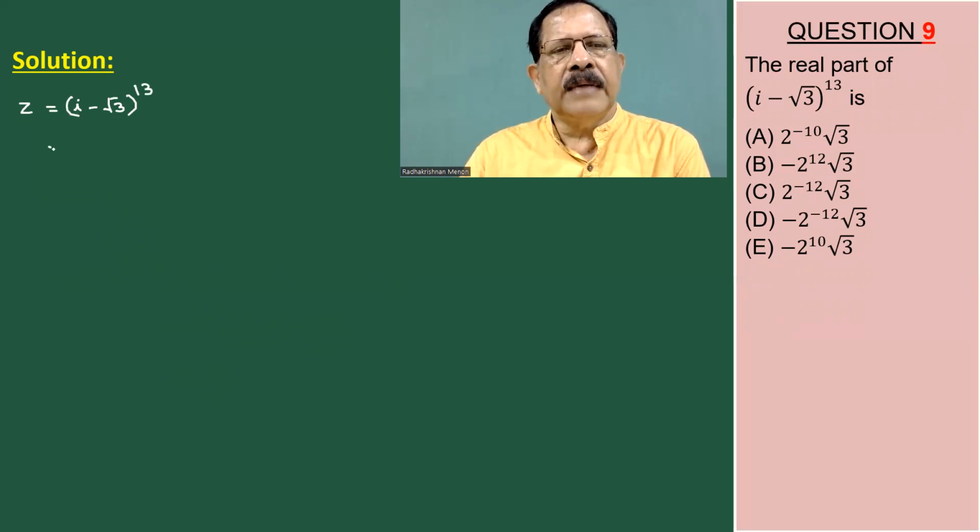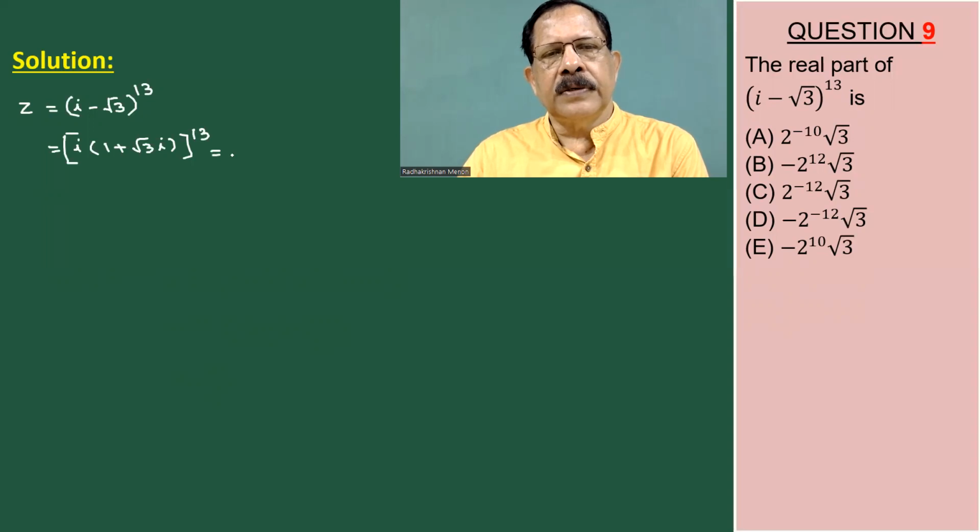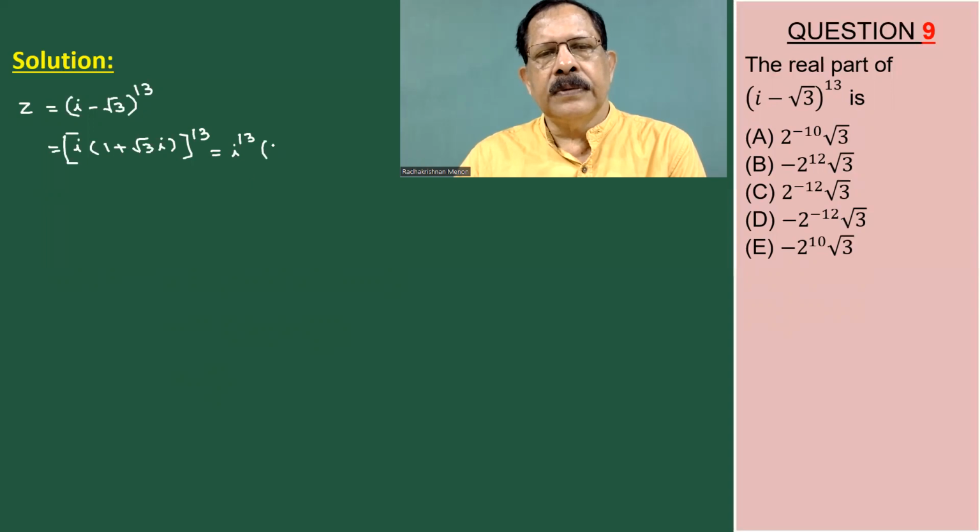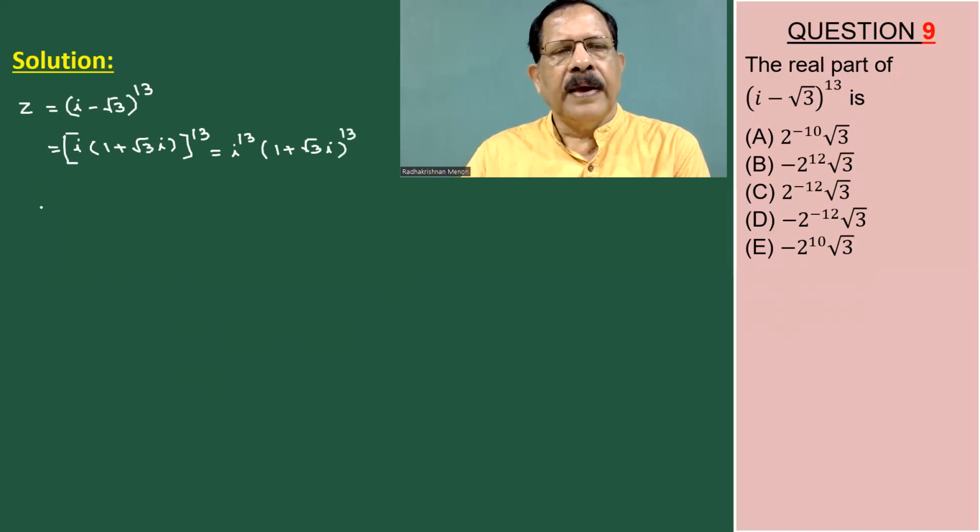So first I am taking i as a common factor: i into (1 plus root 3 i), whole raised to 30, which is equal to i raised to 30 into (1 plus root 3 i) whole raised to 30. Here i raised to 30 is i squared, since i raised to 28 is 1.